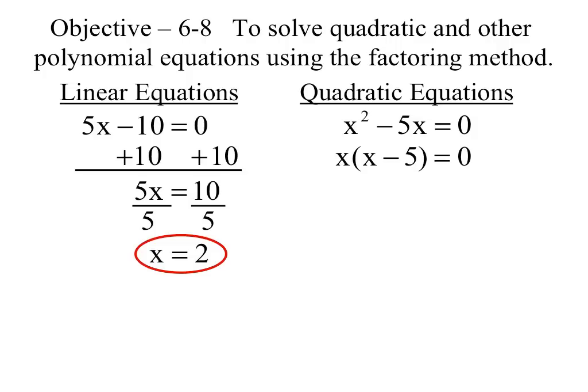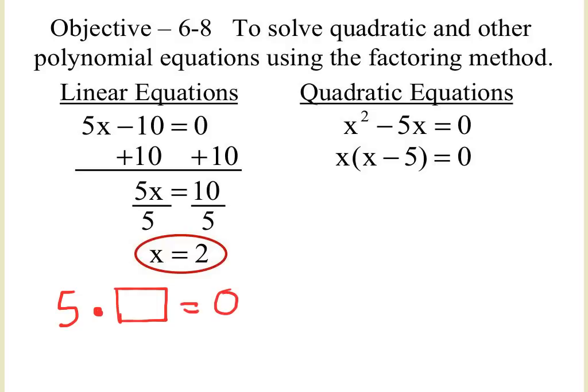Now what I'm left with, I'm going to use something that we learned a long time ago. If I have a number, 5, and I'm multiplying it by another number, and it equals 0, what must the number in the box be? Hopefully you said 0.